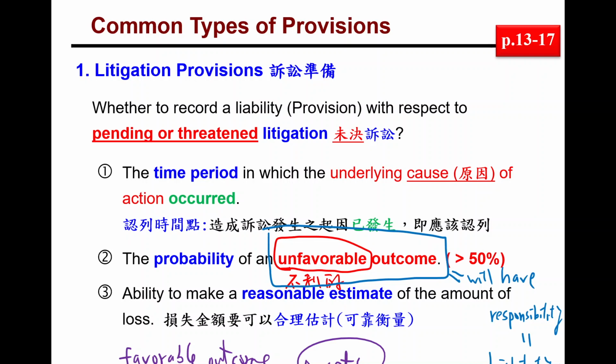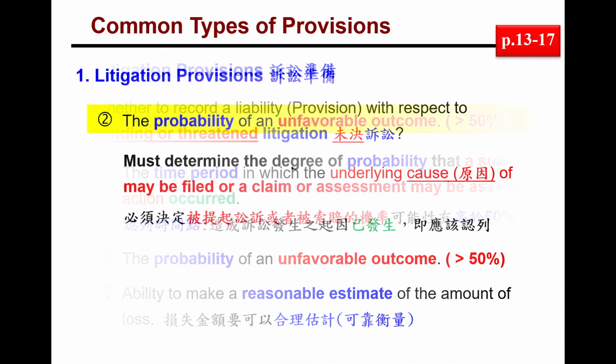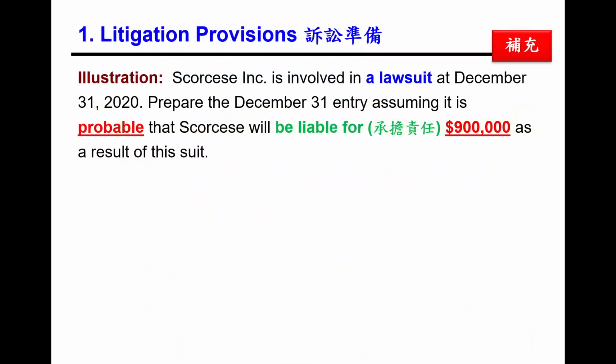So about your assets, there's another case. Any questions? Okay, so let's look at this case, then take a break.